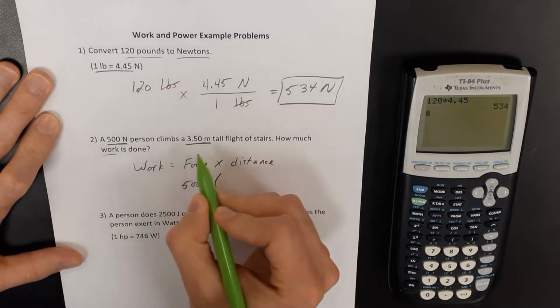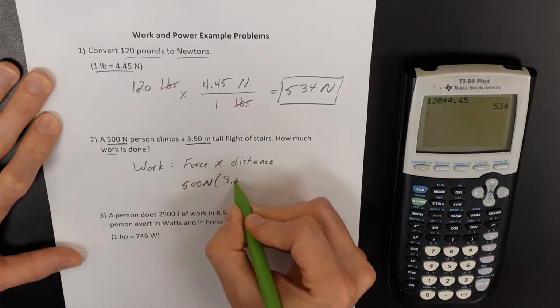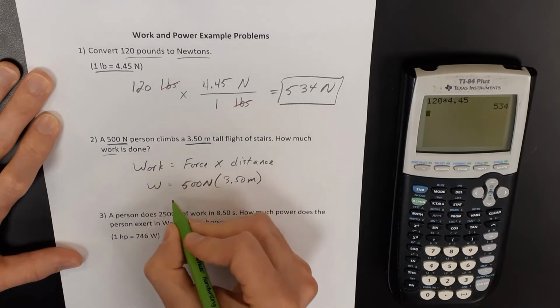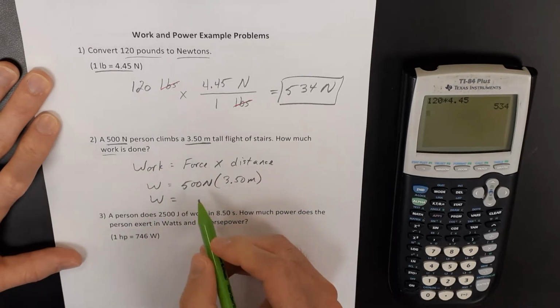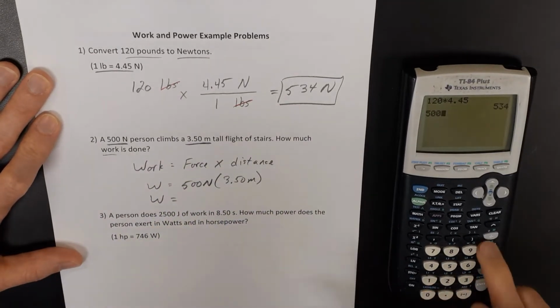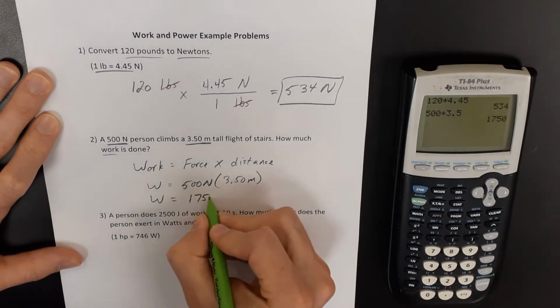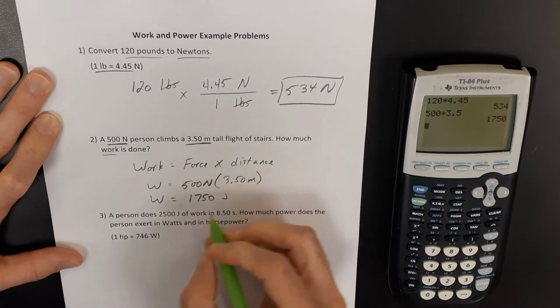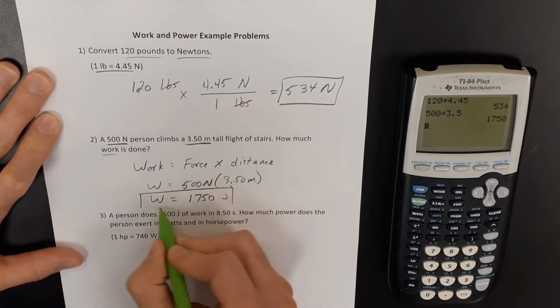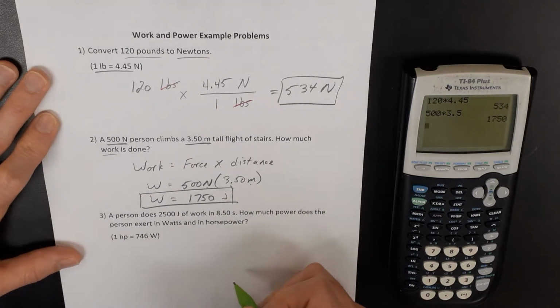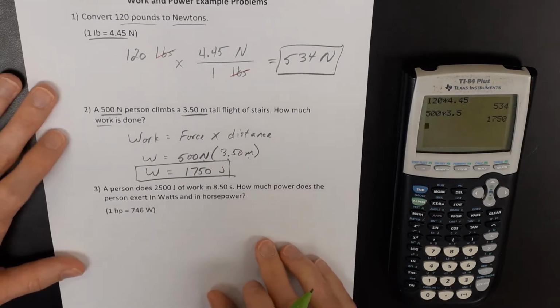And they climb a distance of 3.5 meters going up the stairs. And so this work, 500 times 3.5, I have 1,750 joules. A joule is a newton times a meter. It's a standard unit for work in the metric system.